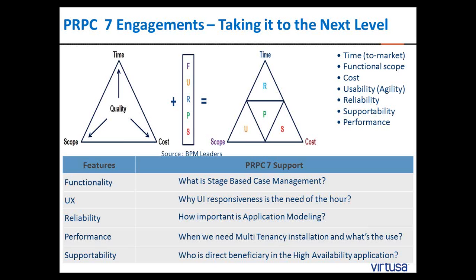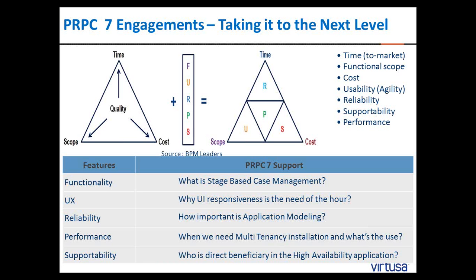So for example, the stage-based case management in PRPC 7 is an item which ensures a functional quality is maintained. The client requirements are delivered the way client is expecting it.